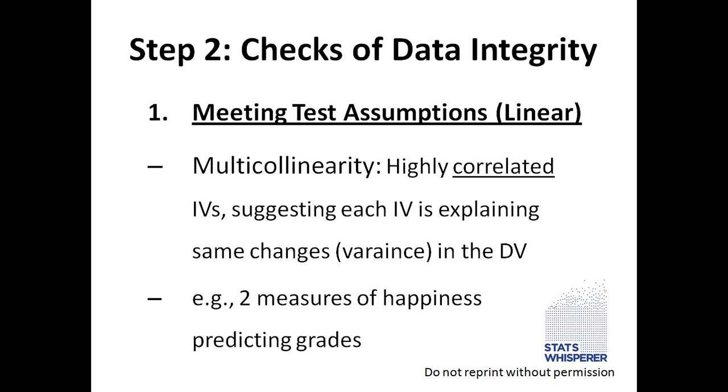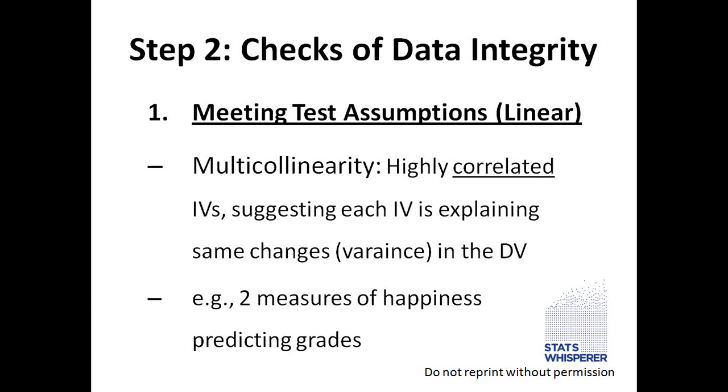So if we were looking at grades per se, like high and low grades, and we have two measures of happiness, we might say that each measure of happiness is explaining the same degree of change in grades. So one of them is unneeded, right? So that's an example of multicollinearity. Right? You have two predictors kind of explaining the same changes or variance in the dependent variable.